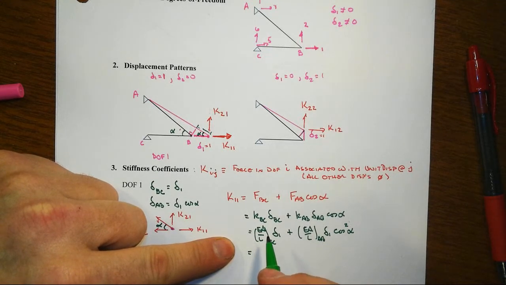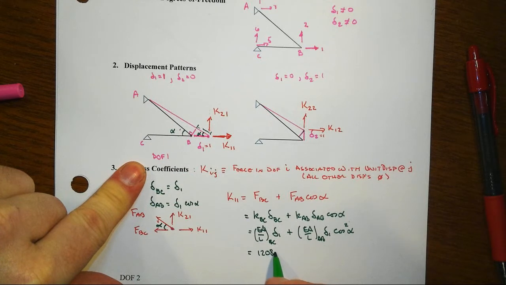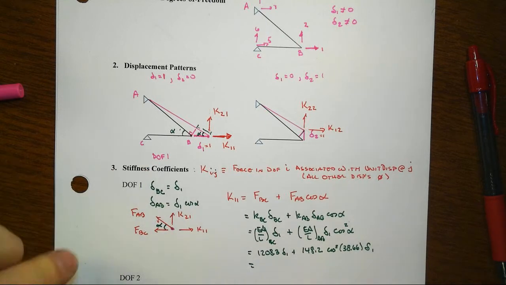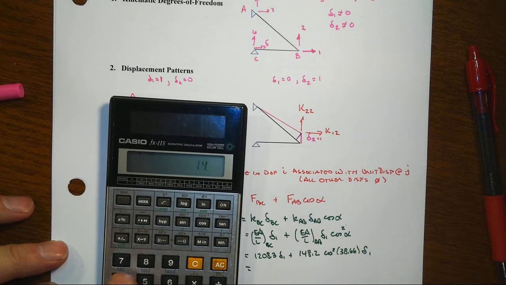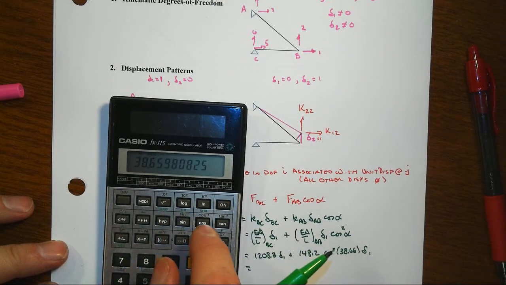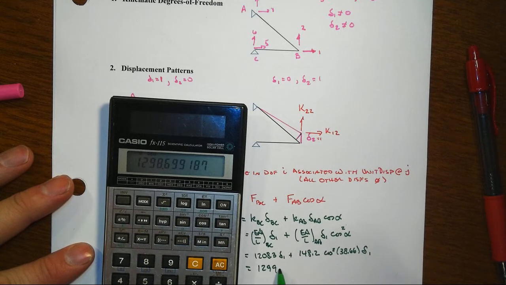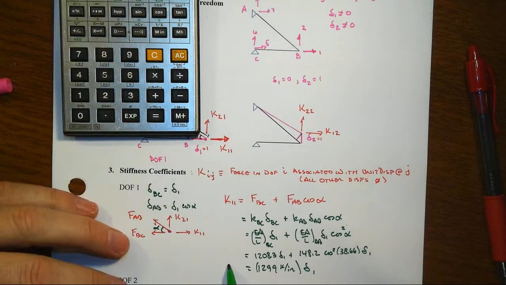And so now that is going to be equal to, where's my numbers? KBC, that's this bottom one, that was 1208.3 times delta 1 plus 148.2 times delta 1 times cosine squared alpha, which is 38.66, and we end up with 1208.338 plus 148.2 times the cosine squared, and we get 1298.6, or about 1299 kips per inch, times delta 1 would be your symbolic K11.